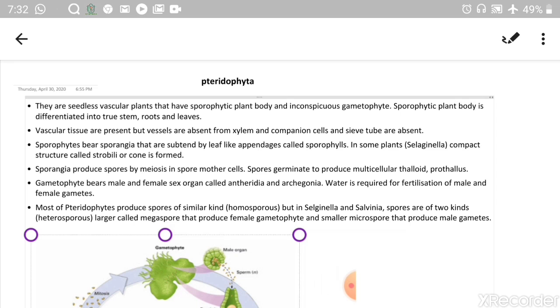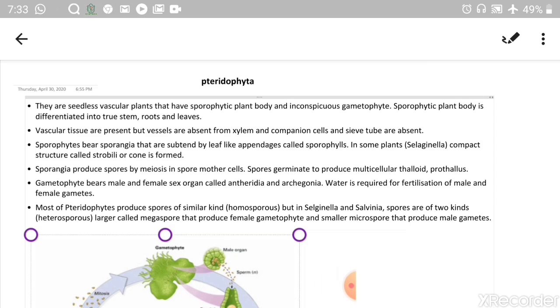The sporophyte bears sporangia, that grows in leaf like appendages called sporophylls.